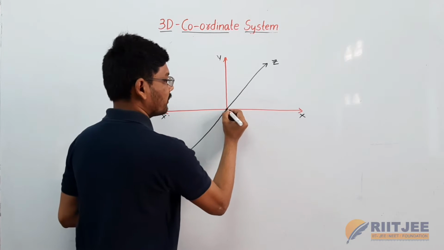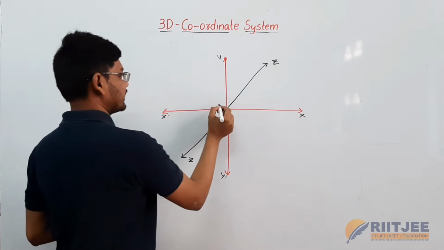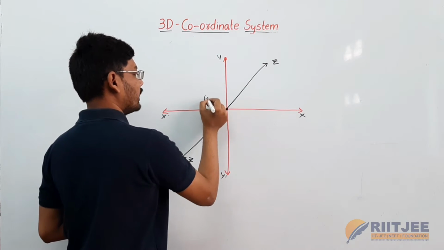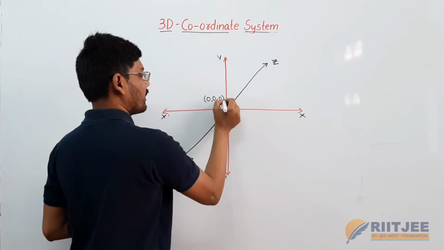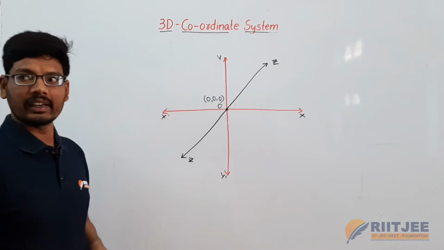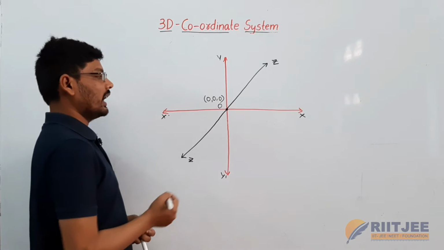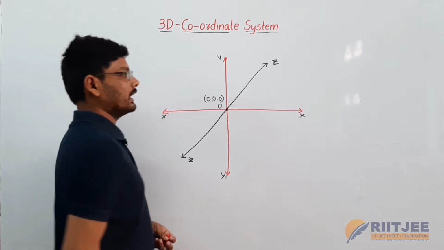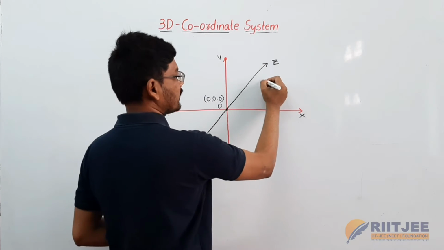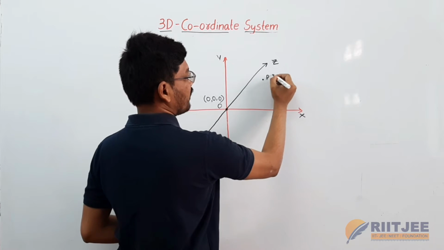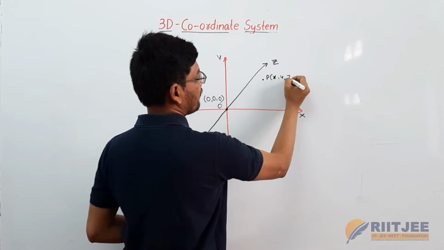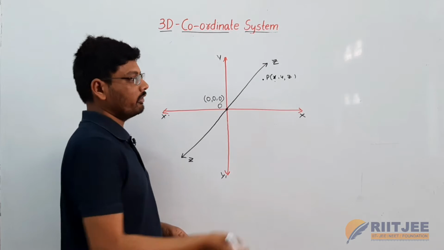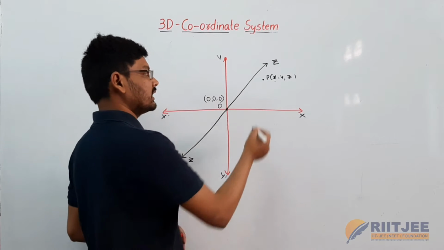The point of intersection of these three lines is the origin, and the point will be 0, 0, 0. There are three ordinates in a point, and if I take any point in space, the position of this point is P of x comma y comma z. Here x is some value, y is some value, z is also some value.